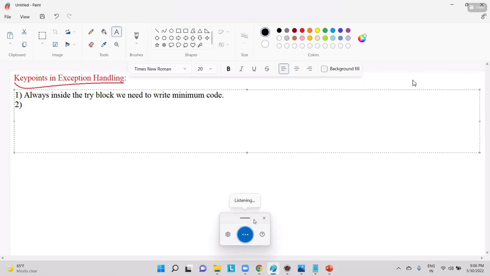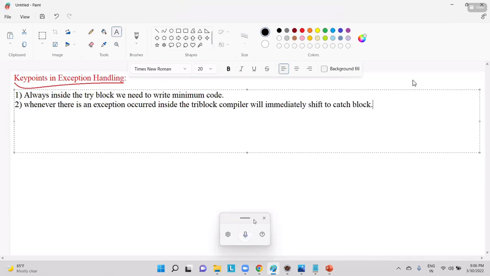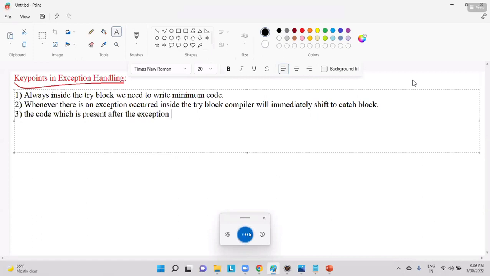Whenever there is an exception occurred inside the try block, compiler will immediately shift to catch block. The code which is present after the exception inside the try block will not be executed by the compiler.